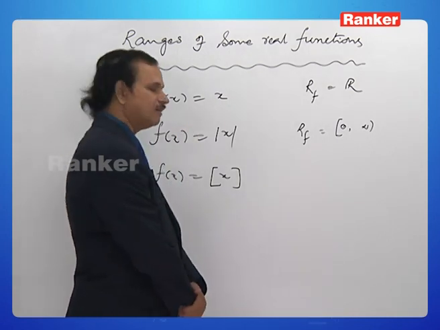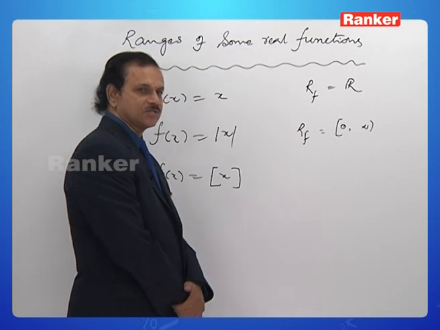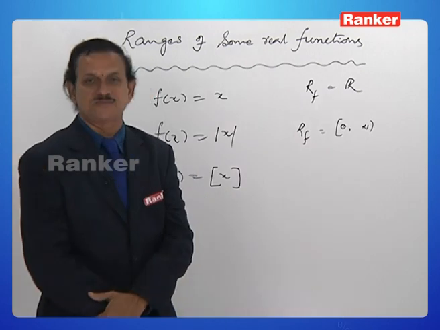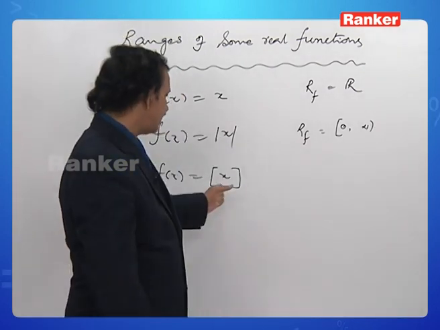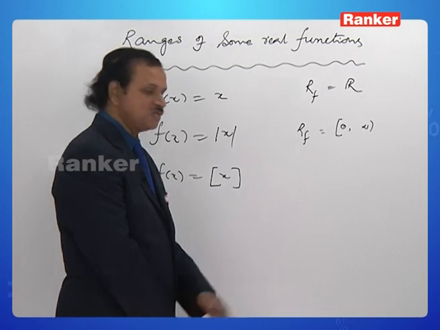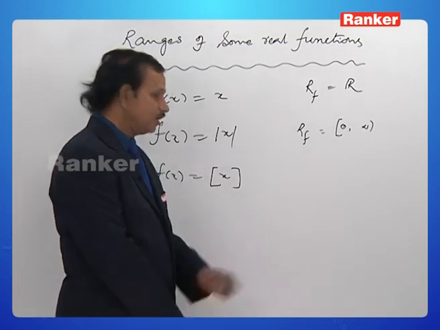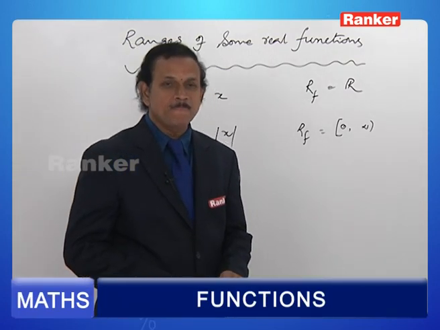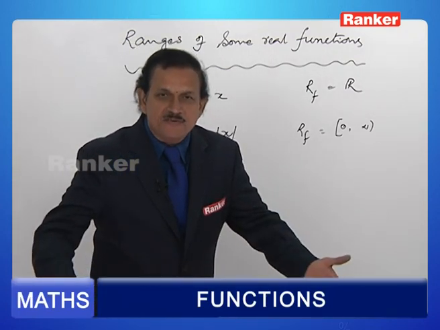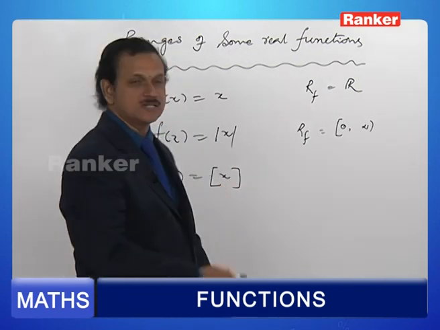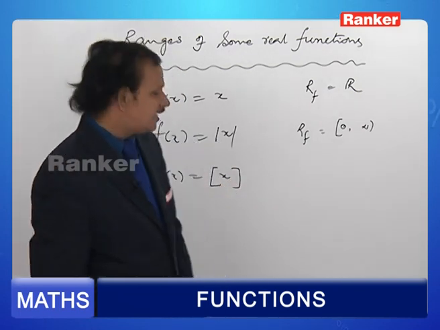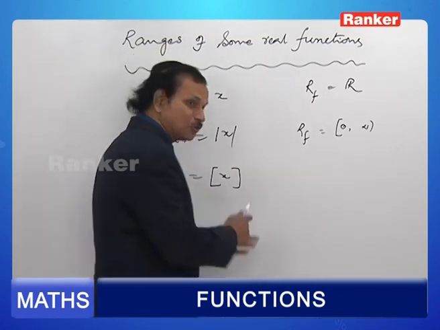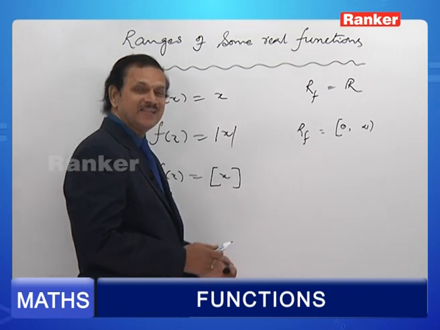What is this actually? The greatest integer less than x, or the integral part of x. What is the range? The name itself indicates integral part, therefore the answer, that is the output, will always be an integer.